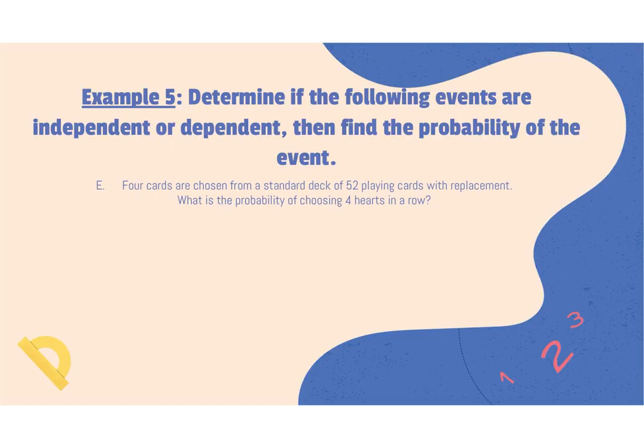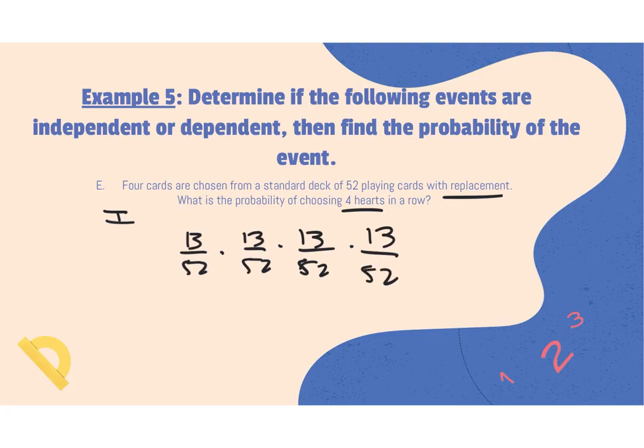And the last example, 4 hearts in a row, but you are putting them back. Okay, so this is with replacement, so it's going to be independent. So you're going to take 13 out of 52 times 13 out of 52. You're going to do that 4 times. So basically, 13 out of 52 is 1/4 raised to the 4th.